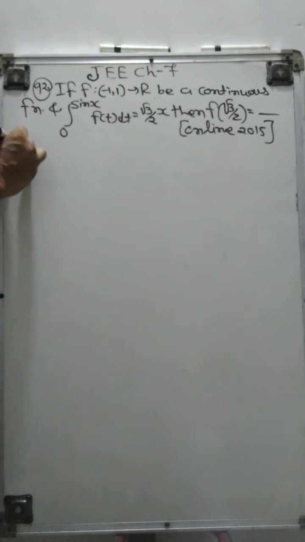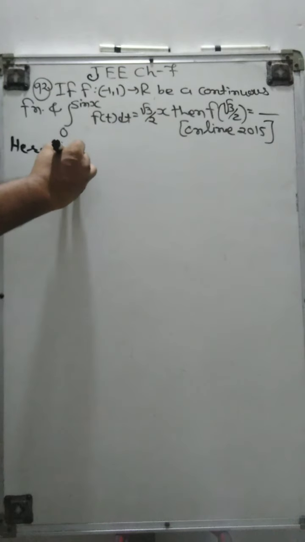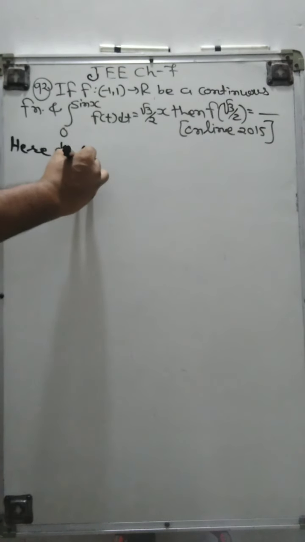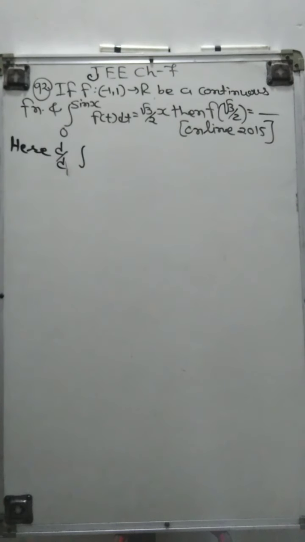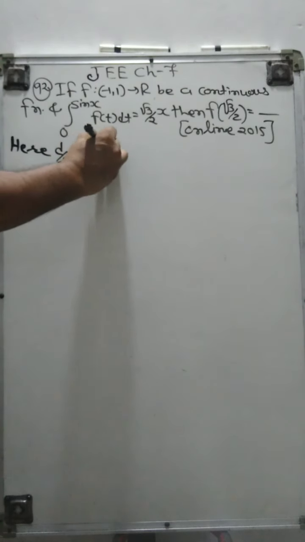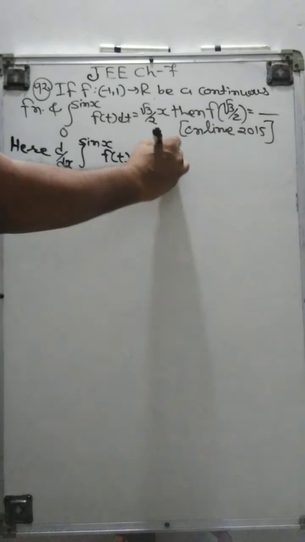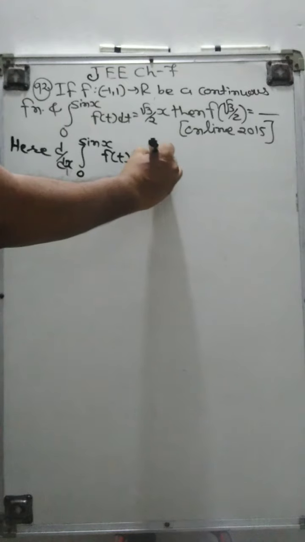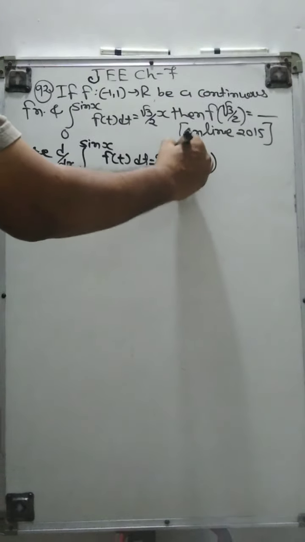So here we take the derivative of the given function with respect to x. Integration 0 to sin x, f(t) dt, d upon dx, is equal to d upon dx of root 3 by 2 x.